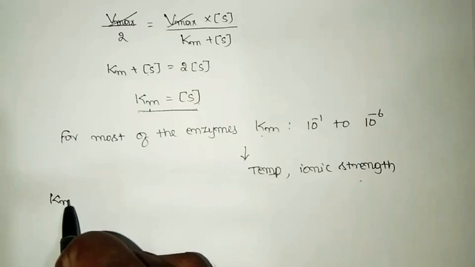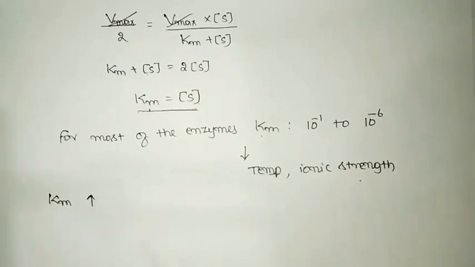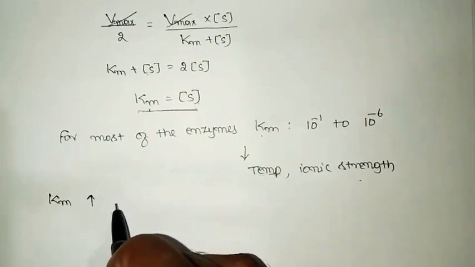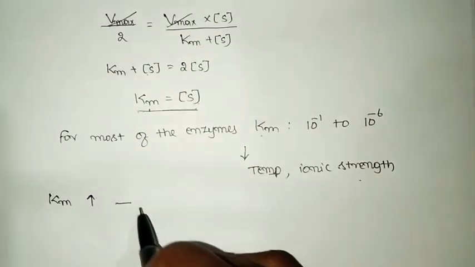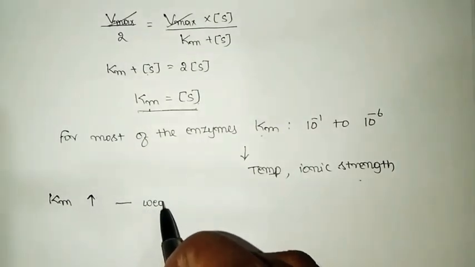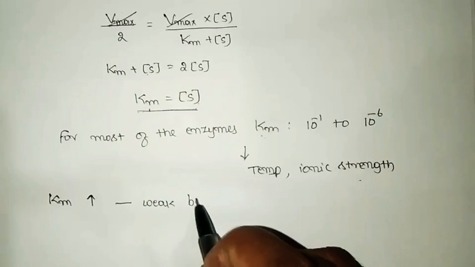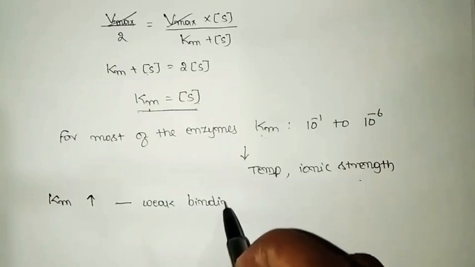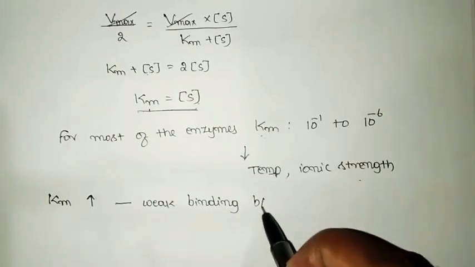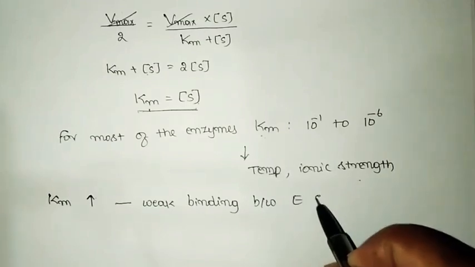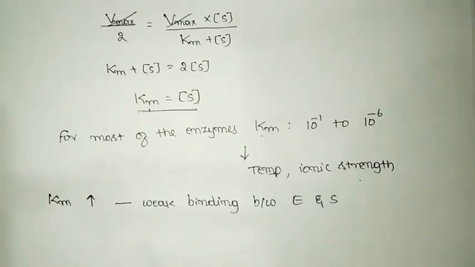So if the value of Km is higher, it indicates weak binding between enzyme and substrate.